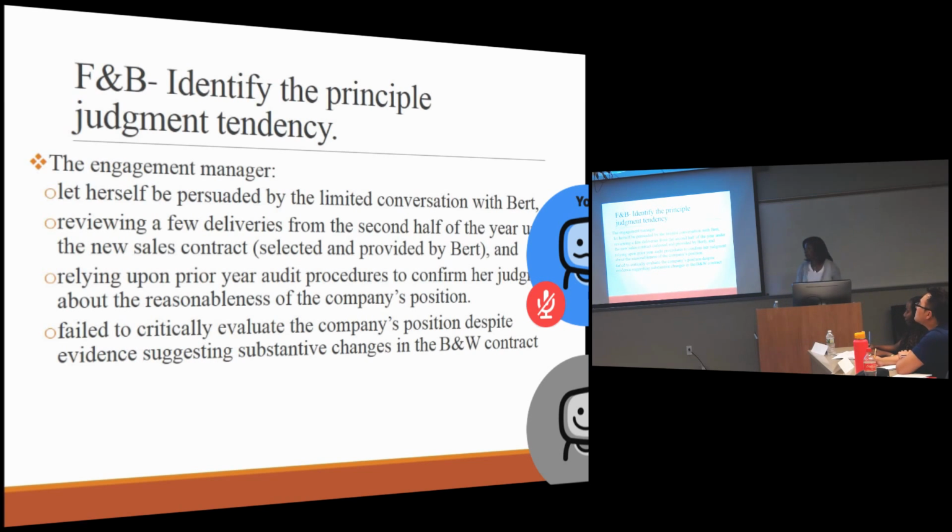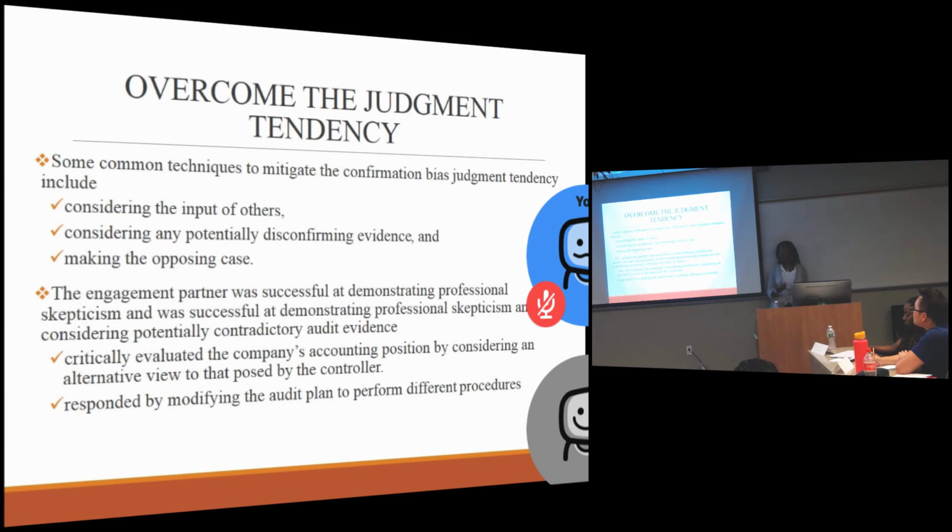So basically, she didn't critically evaluate the information, whereas the senior level partner did more. He had more of a questioning mind. He was a lot more skeptical about the information that was presented to him. And so, if you notice with this case and the GCORP case, the approach you should take is pretty simple.